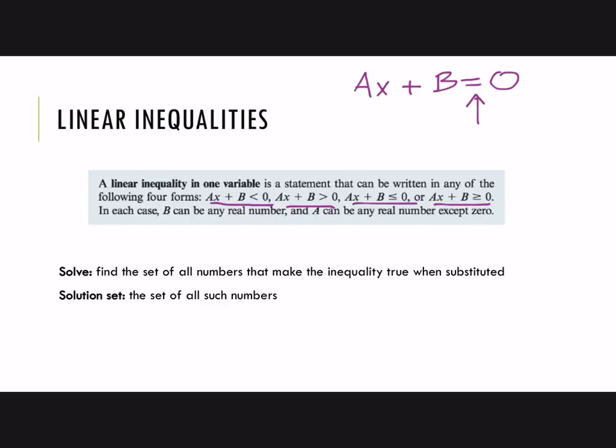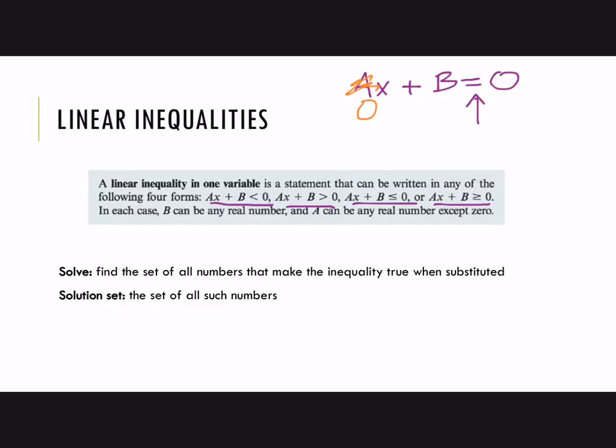B can be any real number, and A can be any real number except it cannot be 0. If A equals 0, then you would have no x, and there's no variable, so that would not be a linear inequality in one variable.